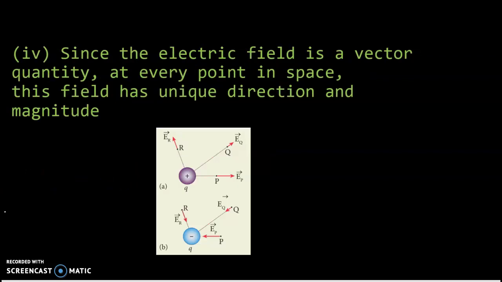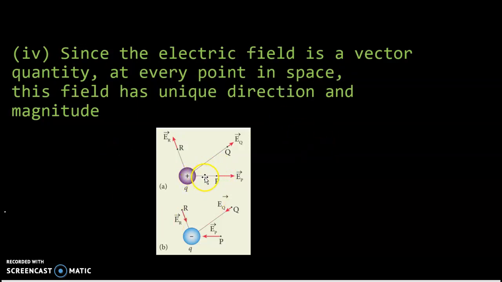And then, since the electric field is a vector quantity, at every point in space this field has a unique direction and magnitude. So let's consider this example. A positive charge is kept over here, and there are 3 points R, Q and P respectively, and they have different magnitudes.